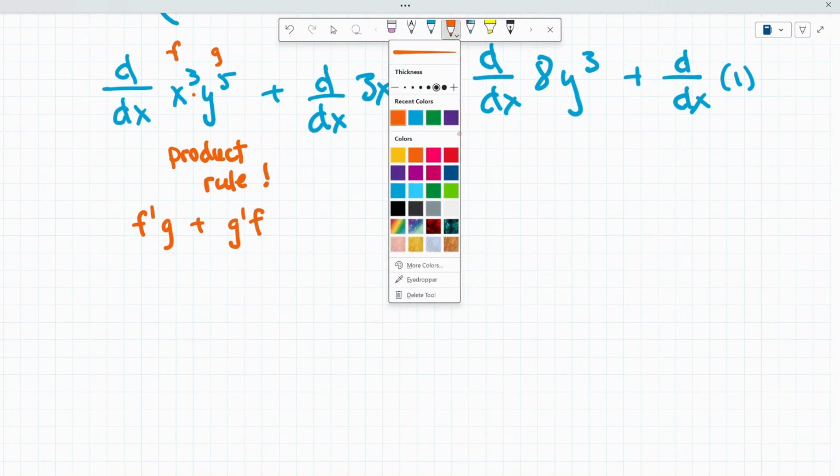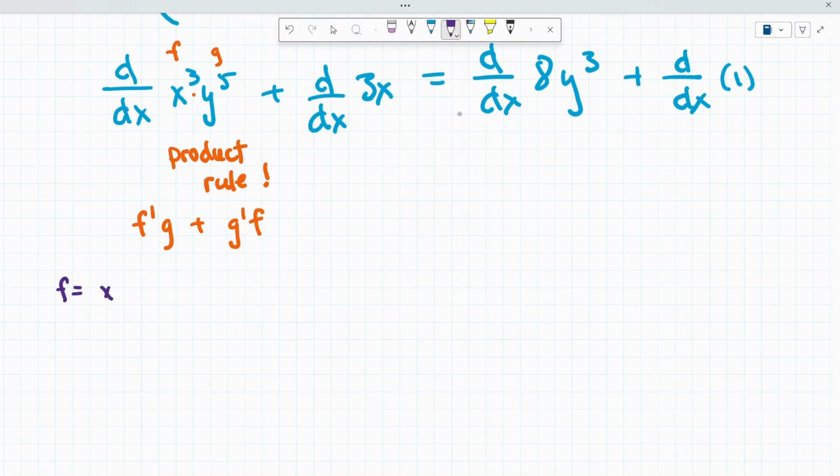So let's try another color here. We have f equals x cubed. So f prime equals what? 3x squared by power rule. g, on the other hand, equals y to the 5. And again, y is a function. We're trying to differentiate y with respect to x.